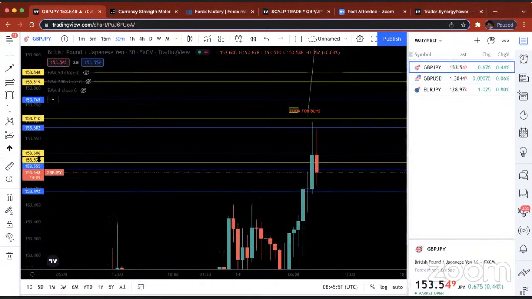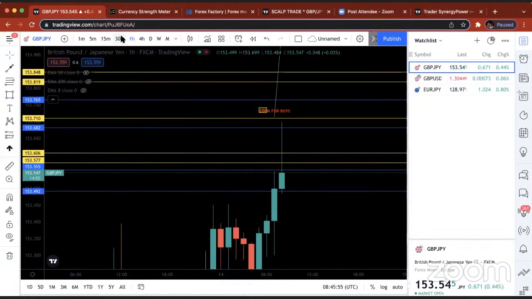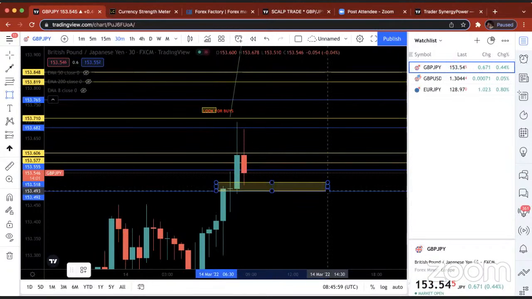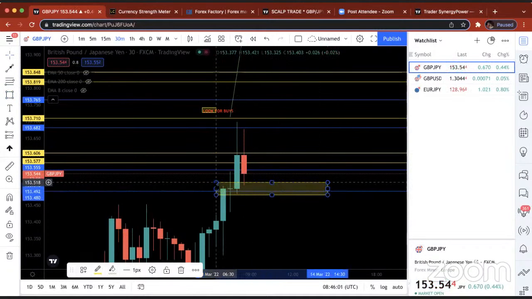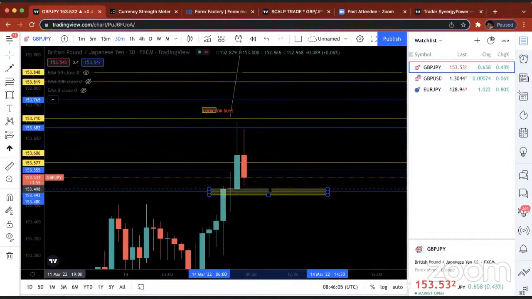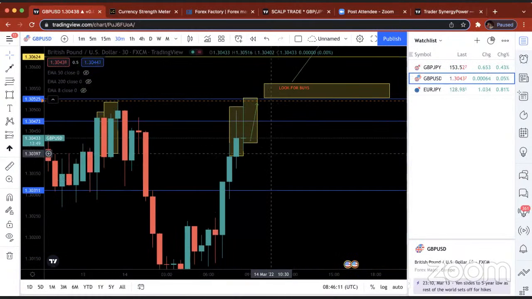What I mean by that, I'm going to mark it. If it stays above, let me see. Yeah, right there. So if price can stay above this area, we should continue good for the buys. If it breaks this area, it might continue down. I'm going to delete this.